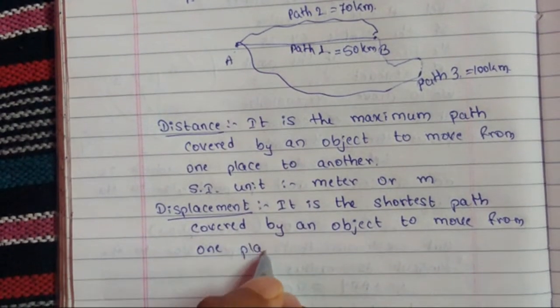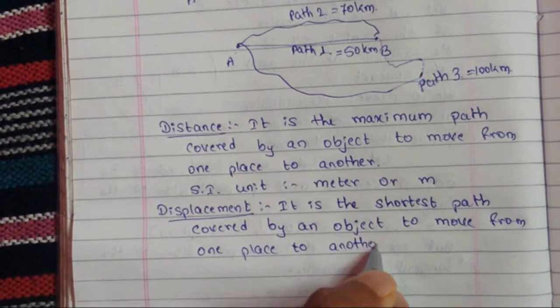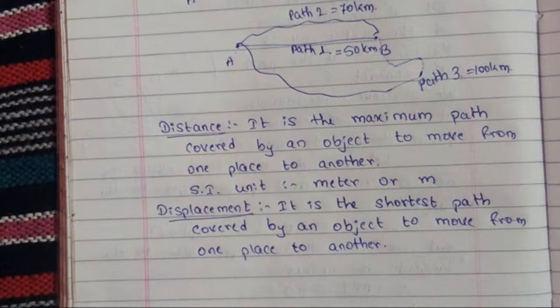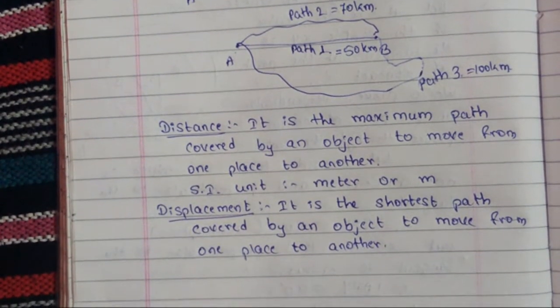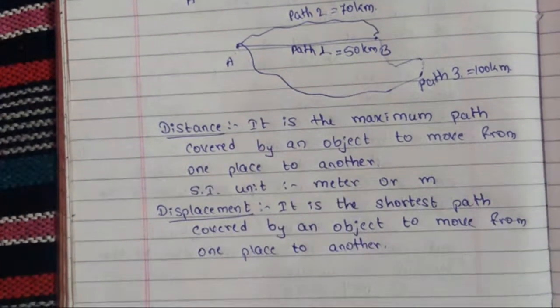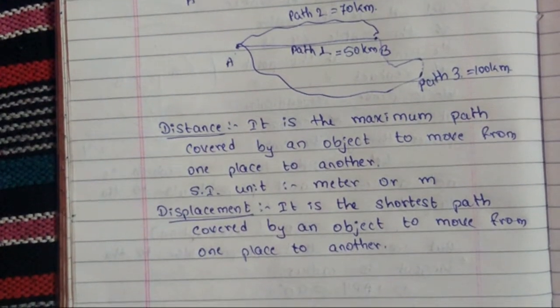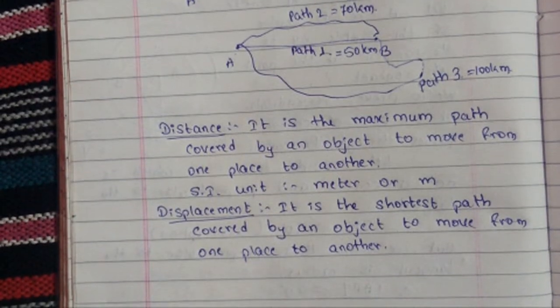Remember all the definitions and expressions which I am going to give thoroughly, because after completion of this, we have to solve problems based on these theories. So be careful. Displacement means the shortest path covered from one place to another.